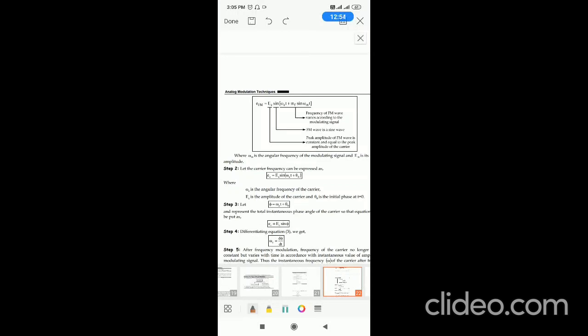Theta naught is the initial phase at t equal to 0.